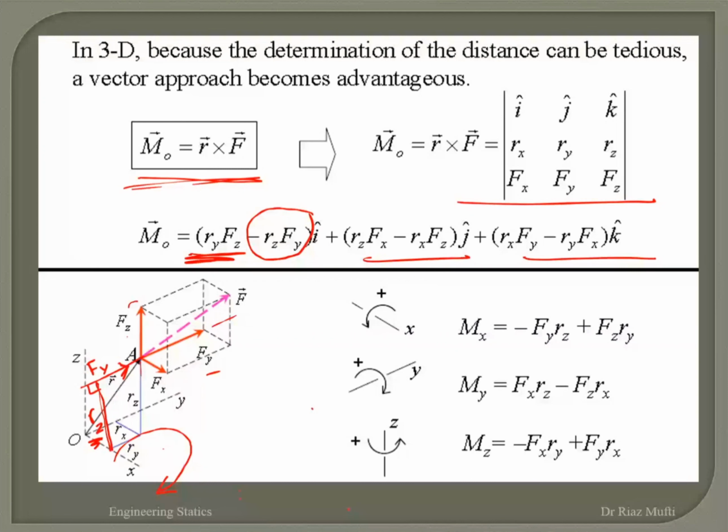Sir, how can we determine that a horizontal force is moving the body in clockwise or anti-clockwise direction? Yes, that's because look, the force is here in that direction, and it's perpendicular distance from my x-axis. So it can clearly tell you it is rotating in this direction.